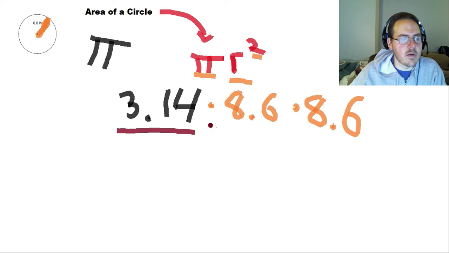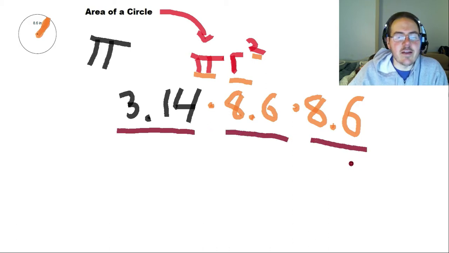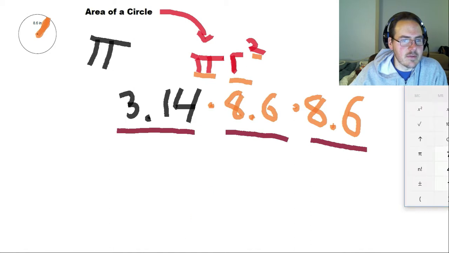So, 3.14 times 8.6 times 8.6. That'll give us the area of this circle. Waiting on my calculator to boot up. There it is.